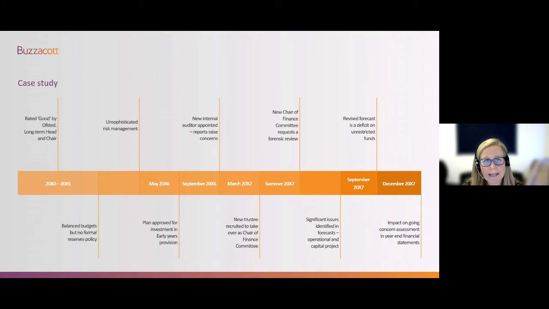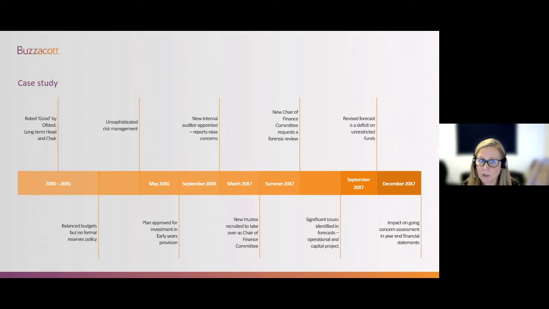A while back, they had a plan approved and secured funding for some significant investment in the building, and this was to allow capacity for expansion to the early years provision. And also a while back, there was the appointment of a new internal auditor.